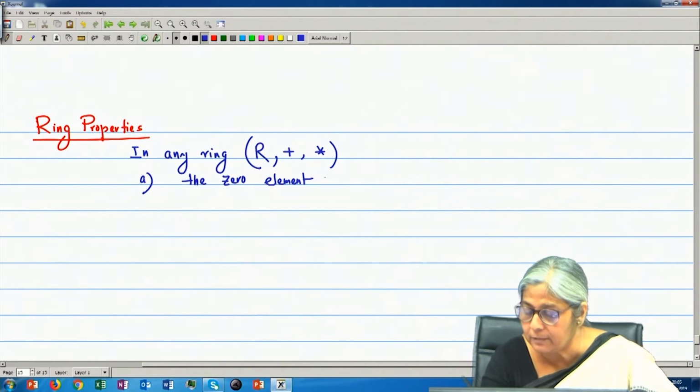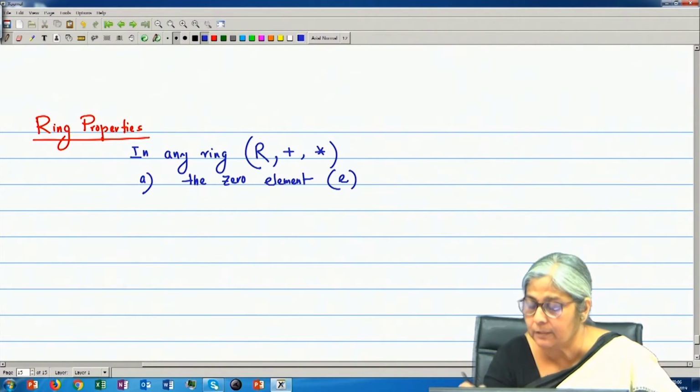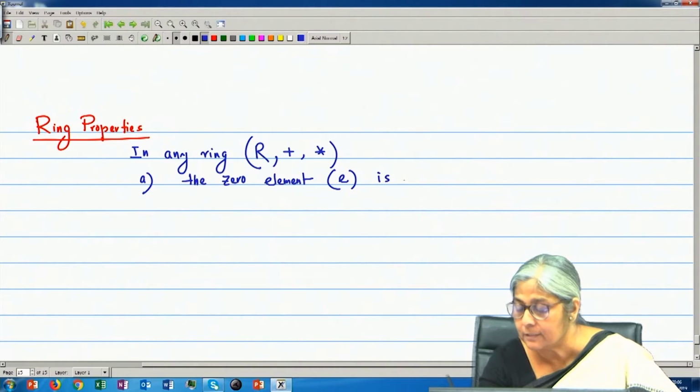So, if I write the additive identity is e, it is unique.